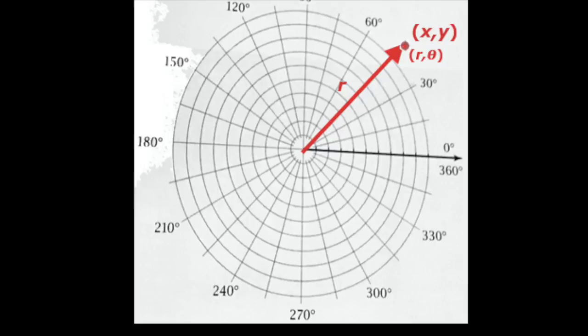The distance from the pole to the point is r, and the angle is theta. So r comma theta would be the way to express that just sort of naturally. But as it turns out, there are other ways.